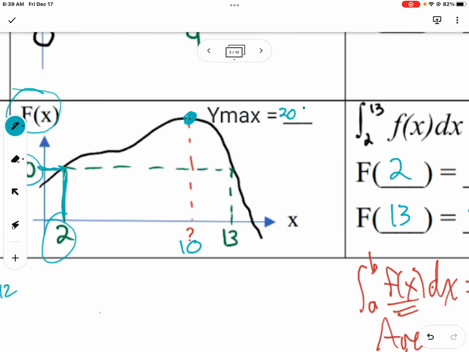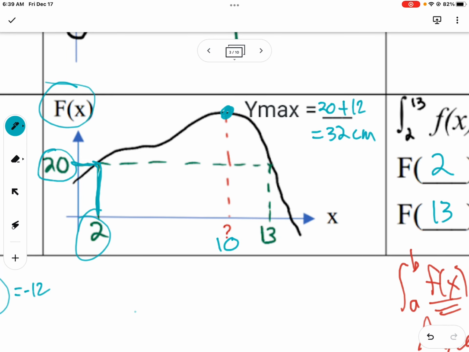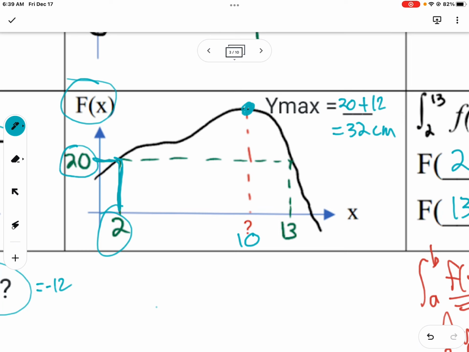So this is 20 plus 12, it's 32 centimeters. And then we notice that it falls again by 12, because it goes up by 12 for the positive area, and then down by 12 for the negative area. And we end up where we started at 20 centimeters of snow.